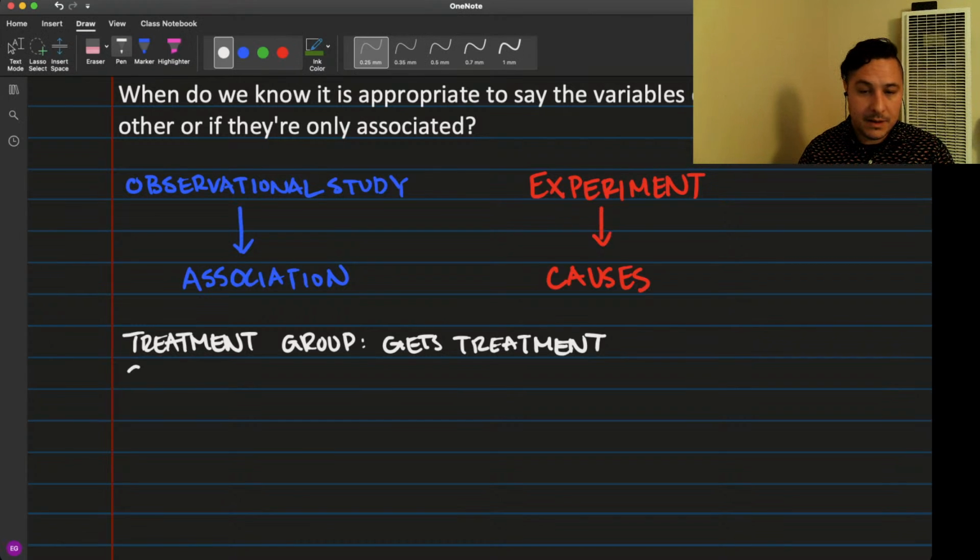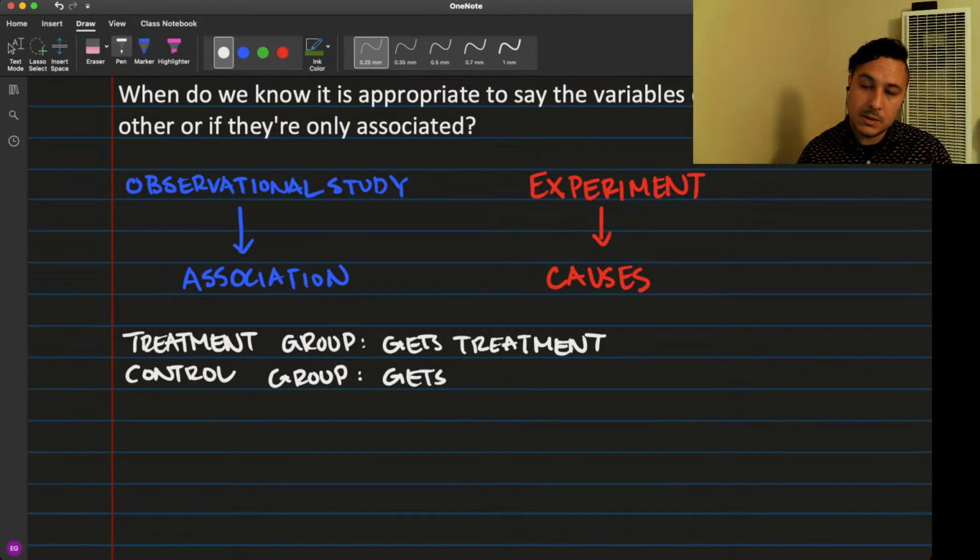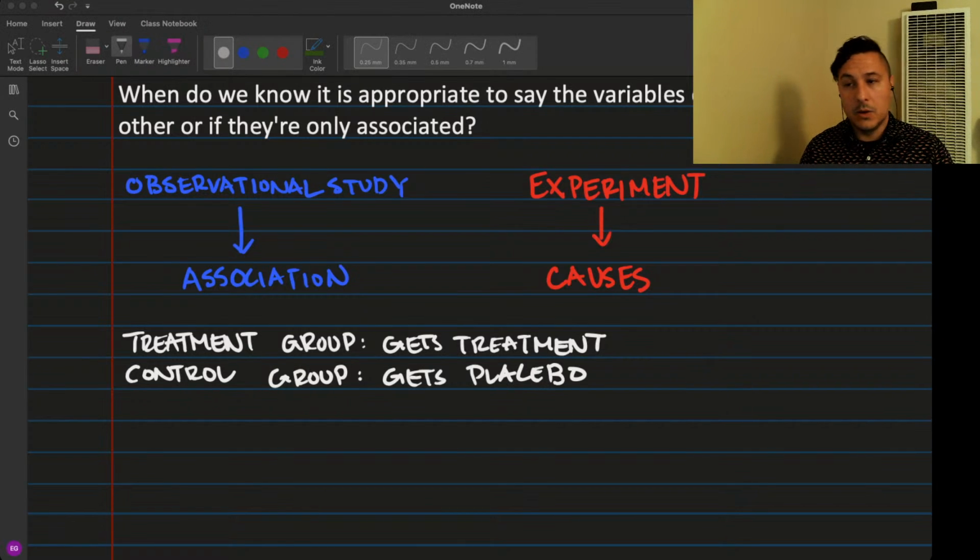The control group would get a placebo. And whether you have an observational study or an experiment comes down to how the people were placed into these groups.